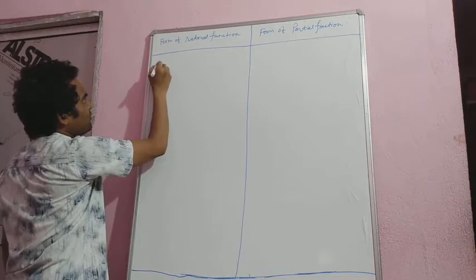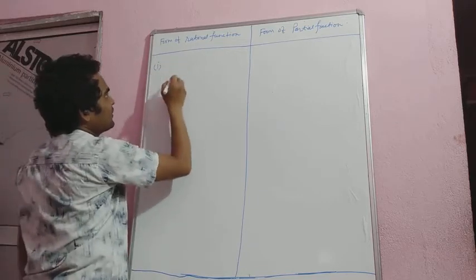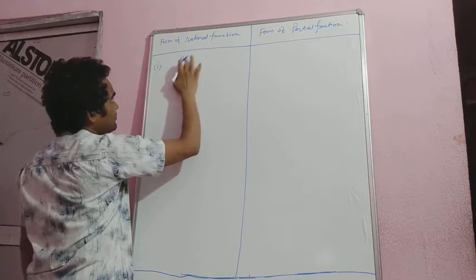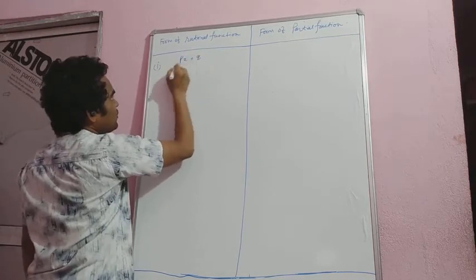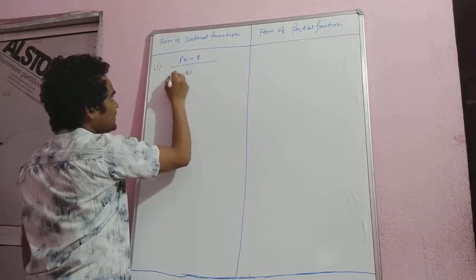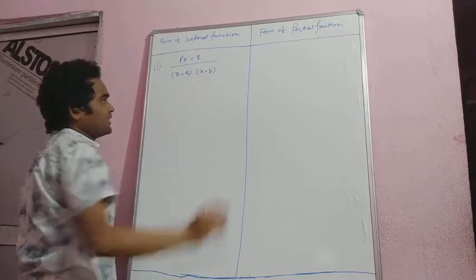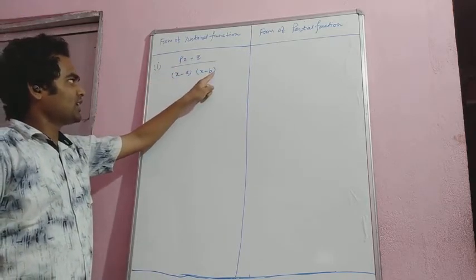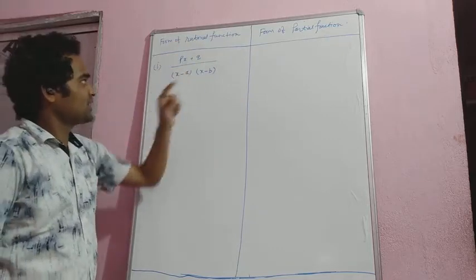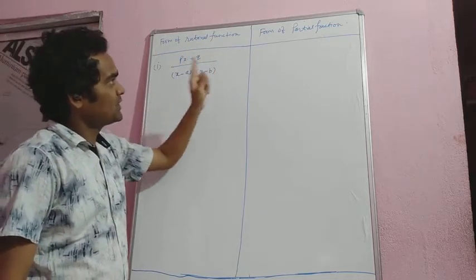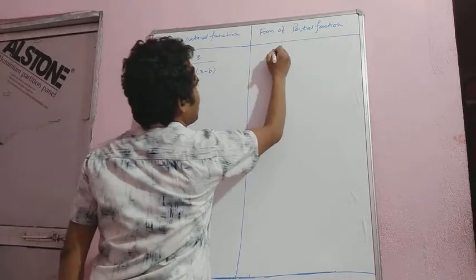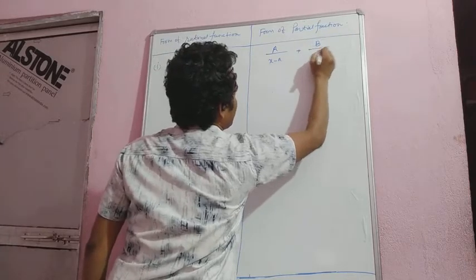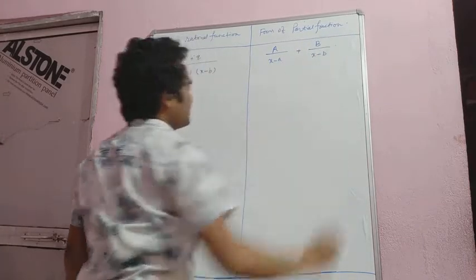The first form is px plus q upon (x minus a) into (x minus b). Then its partial fraction will be A upon x minus a plus B upon x minus b.